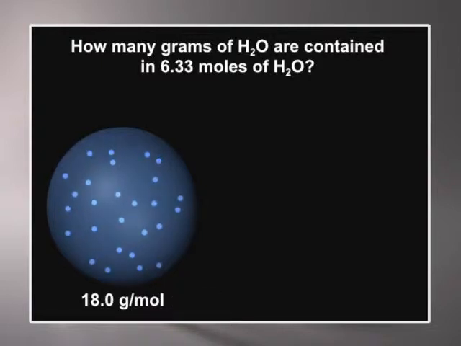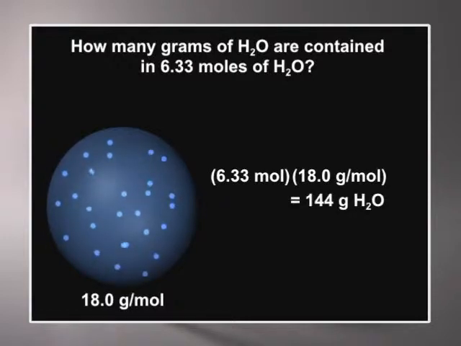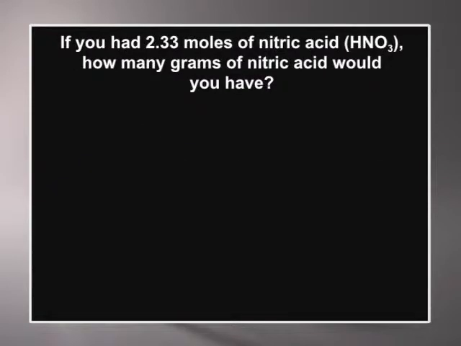So to get the answer, you just multiply 6.33 moles times 18 grams per mole to give you a final answer of something around 144 grams. And another. If you had 2.33 moles of nitric acid, HNO3, how many grams of nitric acid would you have?